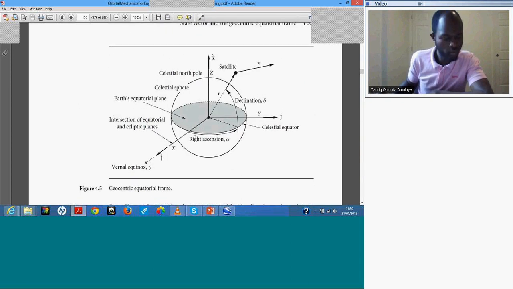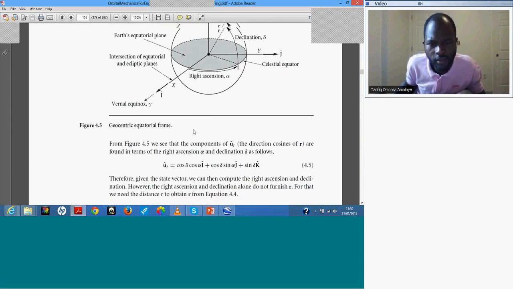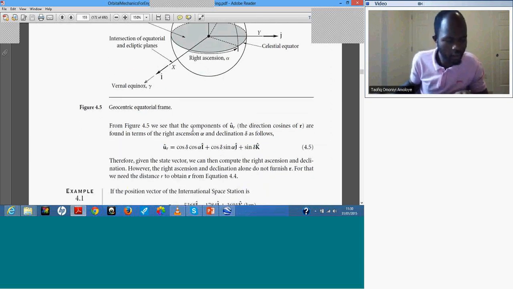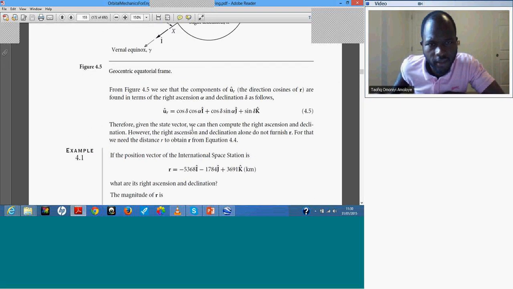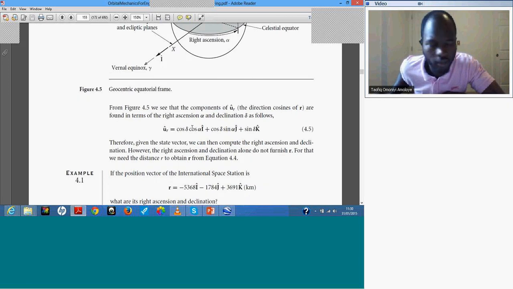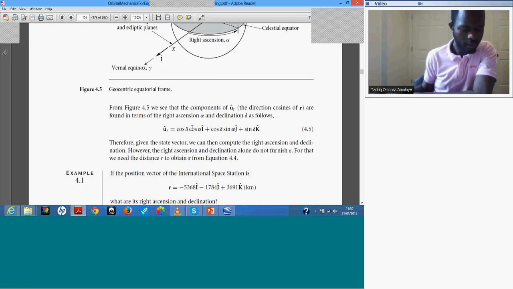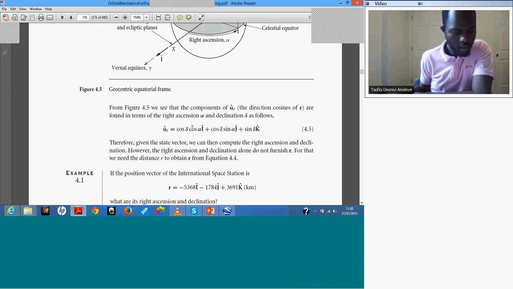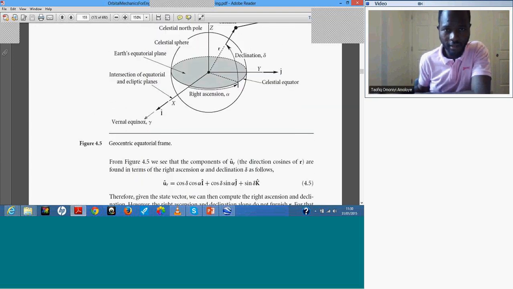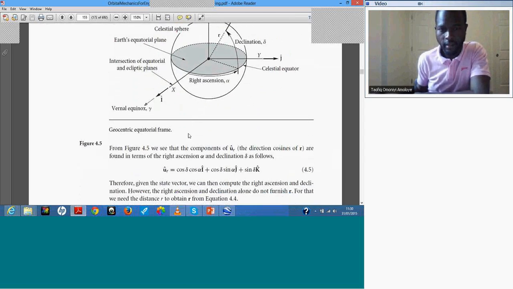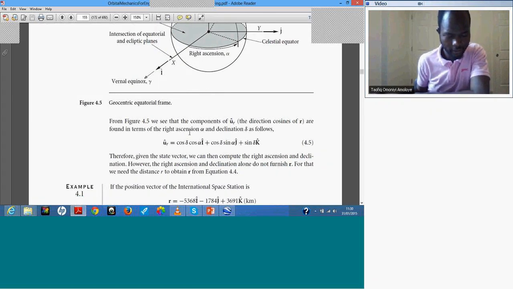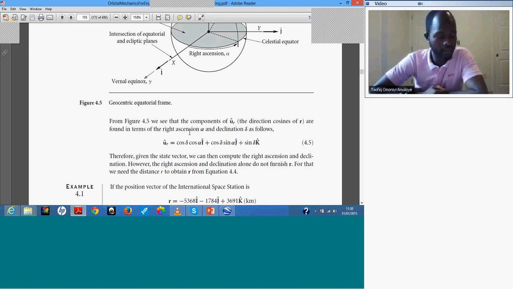So I suppose this PDF doesn't have some of the more explanation that the version which I have with me here has. And just note that since there is arc sine N, there is no quadrant ambiguity by definition, since the declination lies between minus 90 degrees and plus 90 degrees.